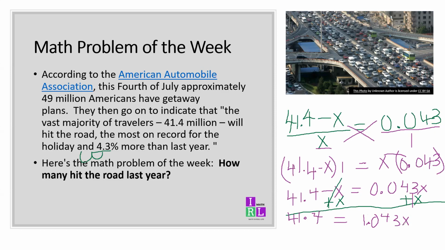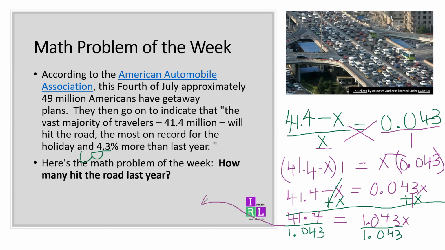Okay, so in order to solve for x, I have to divide both sides by 1.043 so I could get the x by itself. So I'm going to divide both sides by 1.043. All right, and then let's go ahead and draw an arrow.